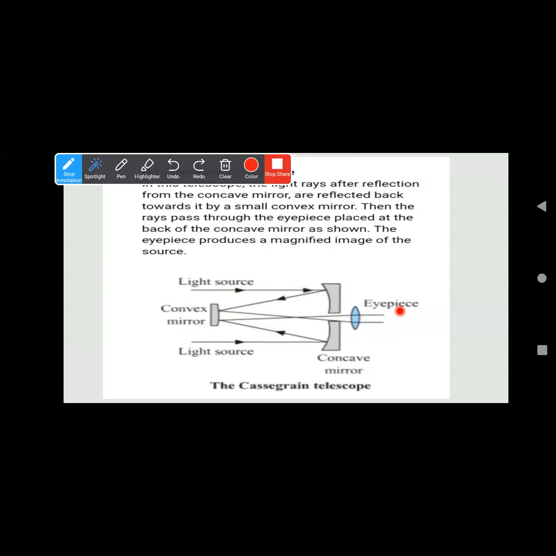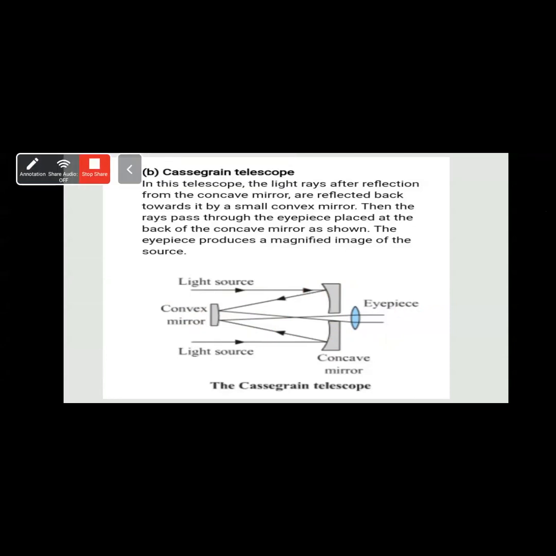Right? So the ray diagrams are very easy. Just you practice it, practice the ray diagrams for both Newtonian and Cassegrain, and so it is very important. Practice both the diagrams. Okay, so this much you have to write for this question number 4.